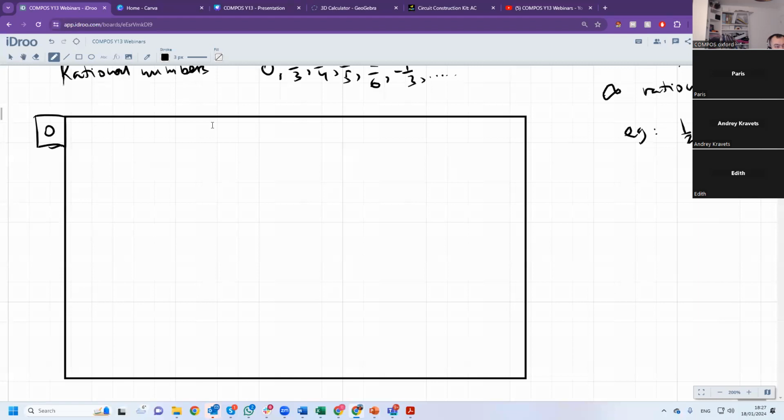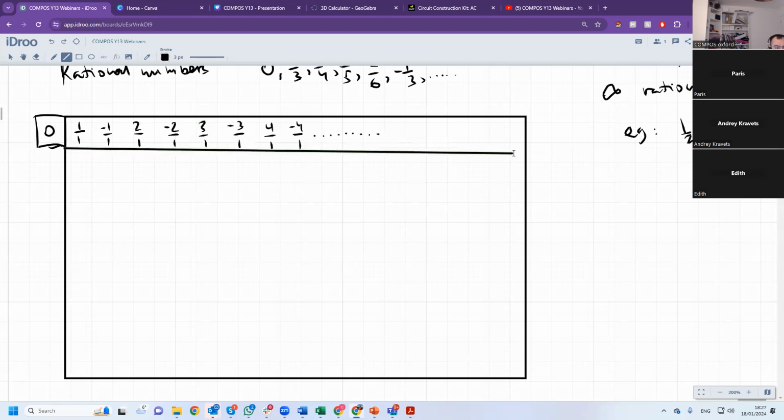And then the first row, I'm going to have all the fractions with denominator 1. So 1 over 1, minus 1 over 1, 2 over 1, minus 2 over 1, 3 over 1, minus 3 over 1, 4 over 1, minus 4 over 1, etc. In the second row, I'm going to have all the fractions with denominator 2.